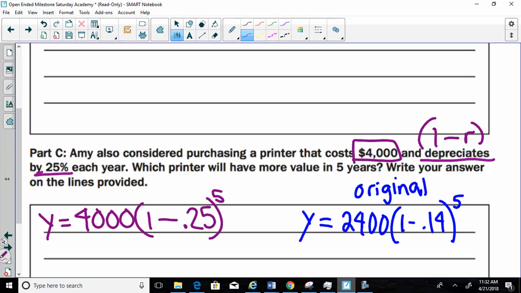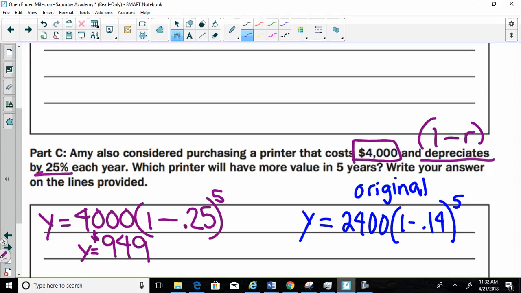Literally type it like this: 4,000, parentheses, 1 minus 0.25. Make sure you're putting it in your calculator just like that. 949.21.